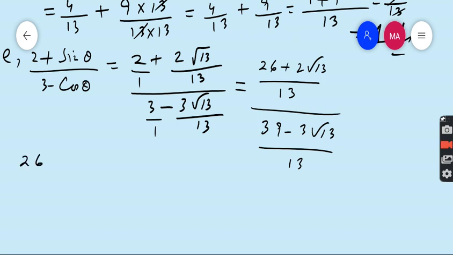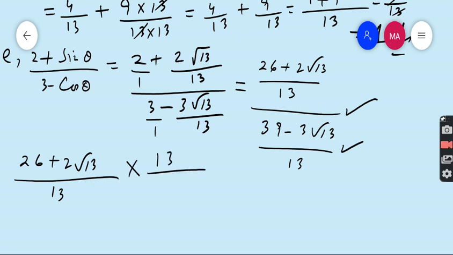So 26 plus 2 root 13 upon 13 is one fraction, and this is the second fraction, so the double fraction can be reciprocated. So 39 minus 3 root 13 upon 13 becomes 13 upon 39 minus 3 root 13. This 13 cancels by this 13.